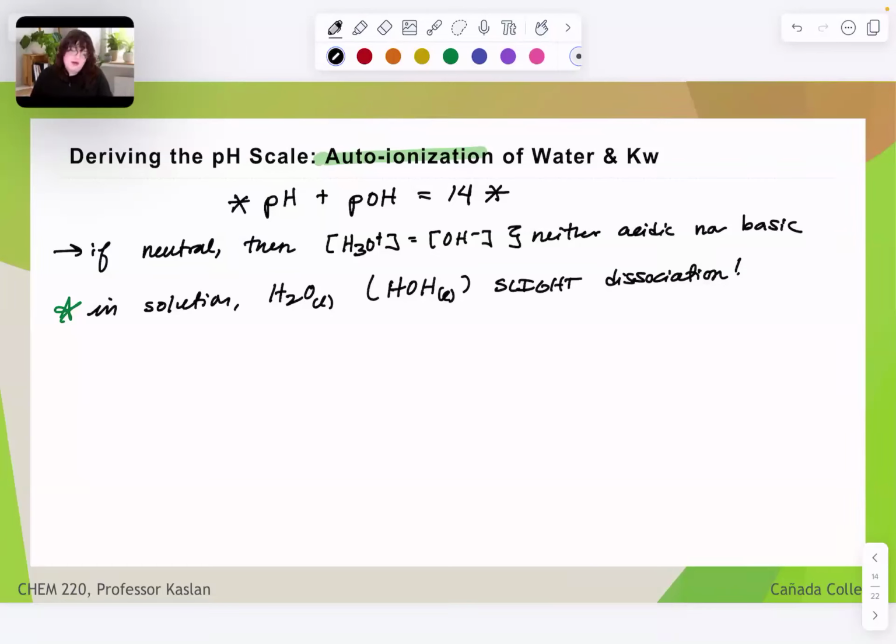And I'm not going to write H2O with H2O and show hydronium here. I'm going to simplify this. So if I were to look at water itself dissociating, this would exist in some dissociation equilibrium where we split off into our acidic H and our basic hydroxide ions.